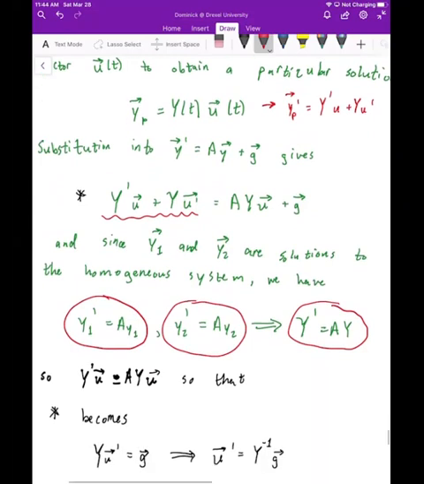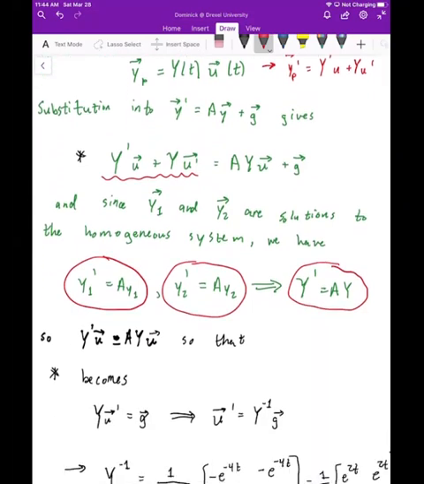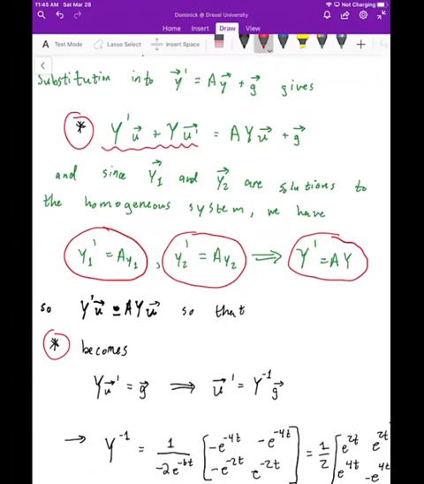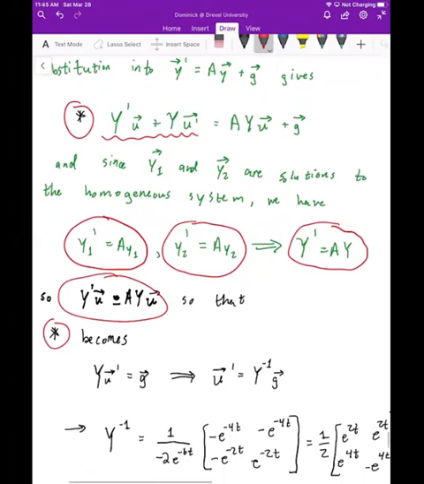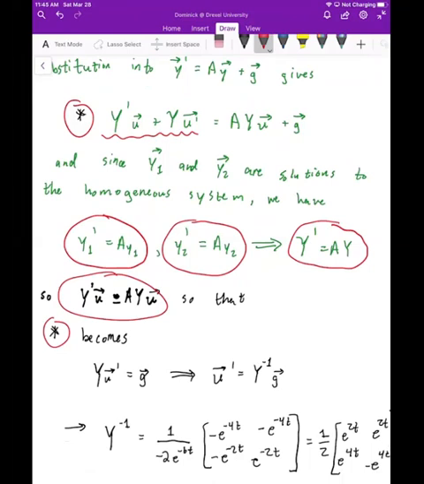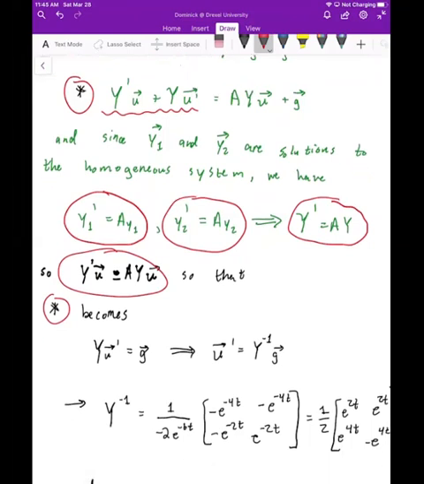So now if we plug this into this equation here, we get that y u prime is equal to g, because you're able to cancel y prime u and A y times u from both sides. They cancel each other out. And you're left with y u prime is equal to g, which if you solve this matrix equation means that we need to find y inverse times g.